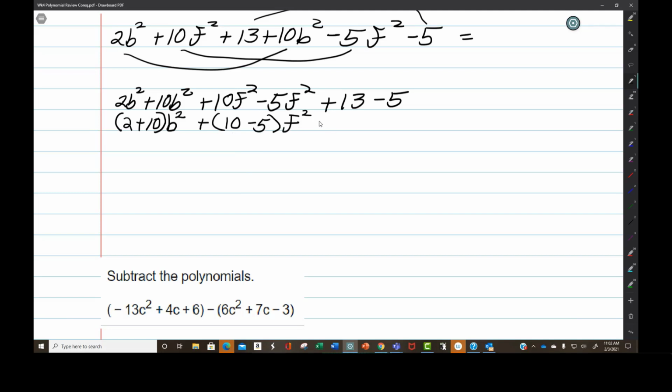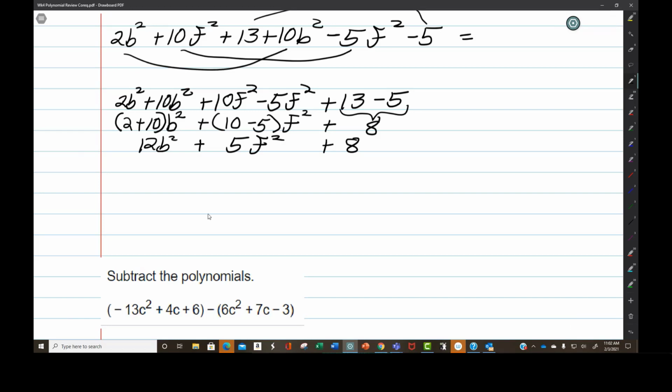And over here, well, that doesn't need to be complicated. 13 minus 5 is 8. Now over here, 2 plus 10 is 12. So this is 12b squared. And 10 minus 5 is 5. So this is 5f squared. And then plus 8.